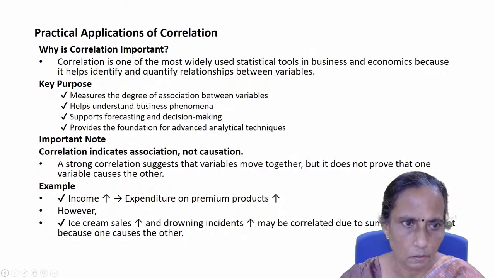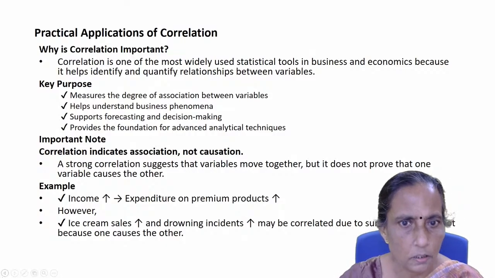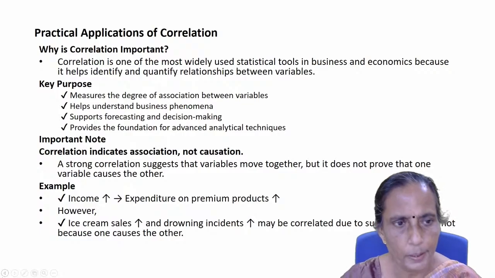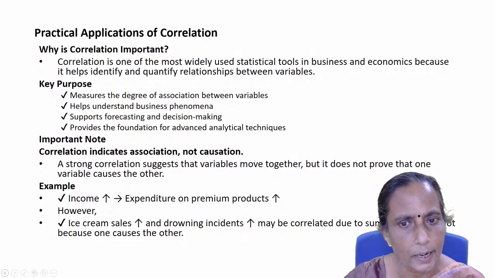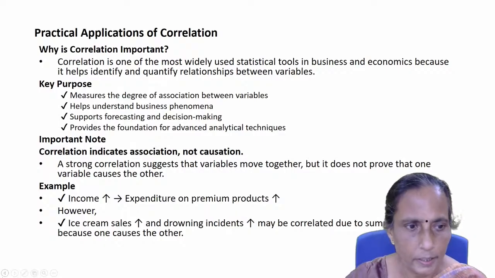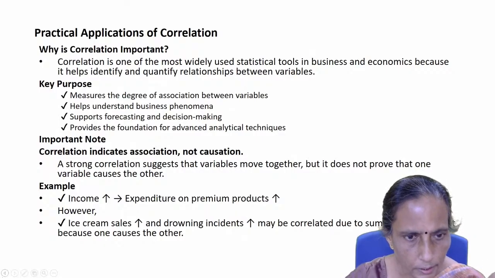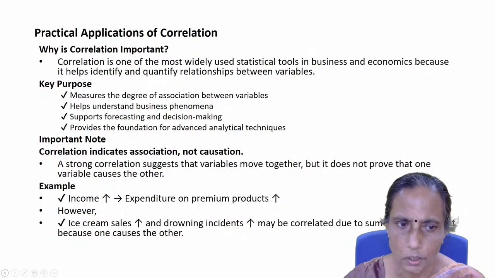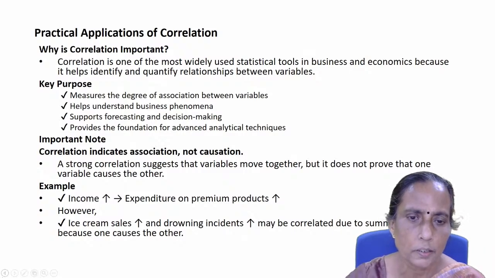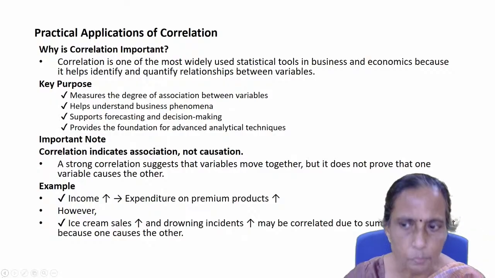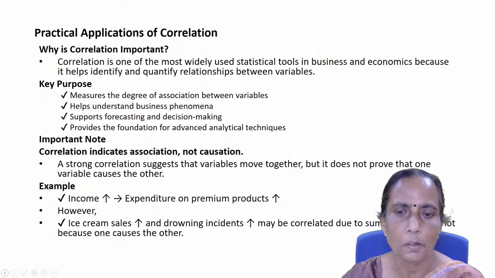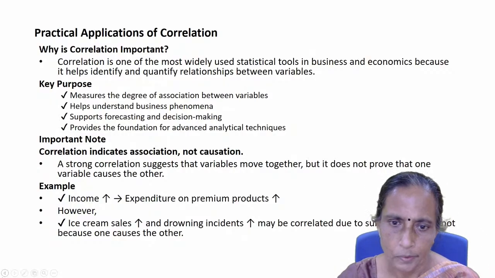The key purposes are: it measures the degree of association between variables, helps understand business phenomena, supports forecasting and decision making, and provides the foundation for advanced analytical techniques. Correlation indicates association, not causation. That is, strong correlation suggests that variables move together, but it doesn't prove that one variable causes the other. Okay.